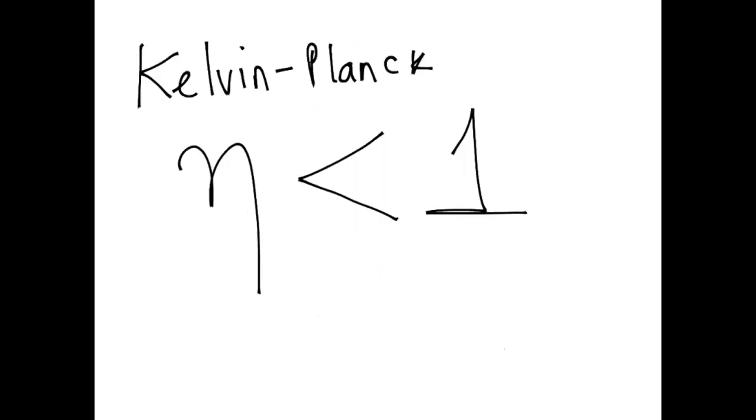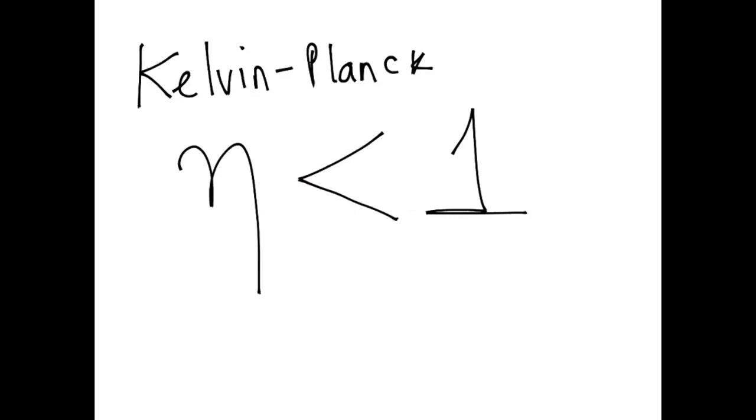This is the Kelvin-Planck statement. It states that it is impossible for any device that operates in a cycle to receive heat from a single reservoir and produce a net amount of work. In other words, you cannot turn all the heat into useful work.